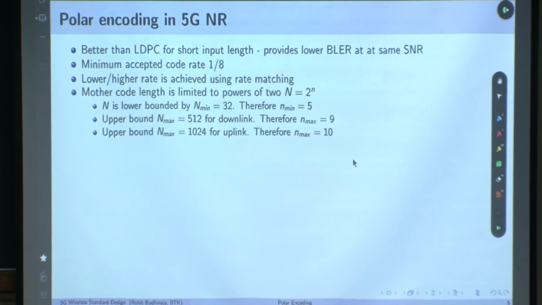Because in the uplink, the user has lesser power than the base station. Typically the user will encode the data in the uplink at a lower rate than the downlink, so that the base station is able to decode it at a lower SNR, which is typically observed in the uplink, because the UE has a lower power constraint than the base station.